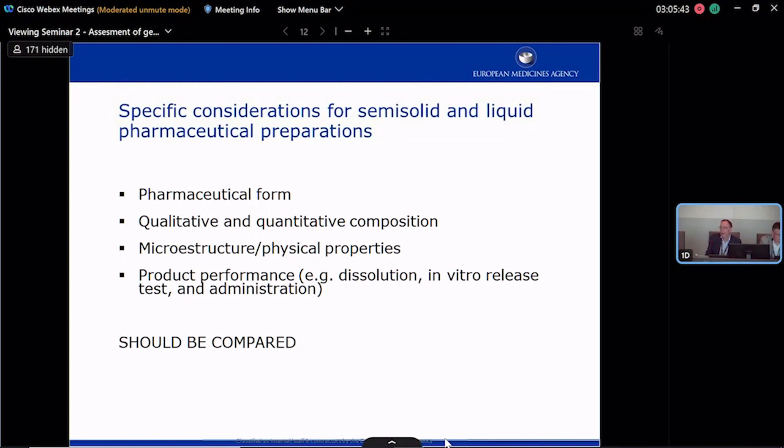Compatibility studies should be done, as should be done with the active substance and the other excipients, and it should be done for any other product. So there is no difference between a generic or other product.